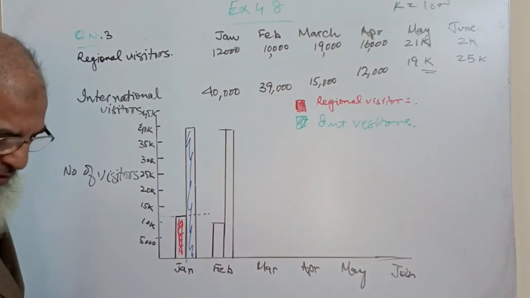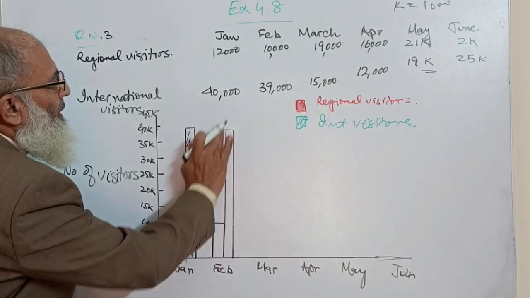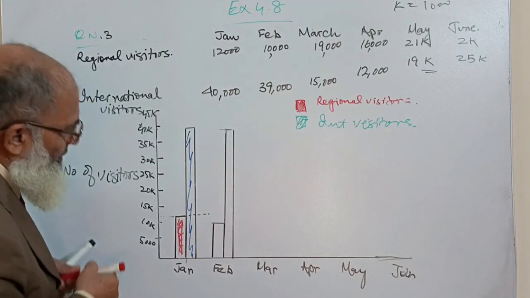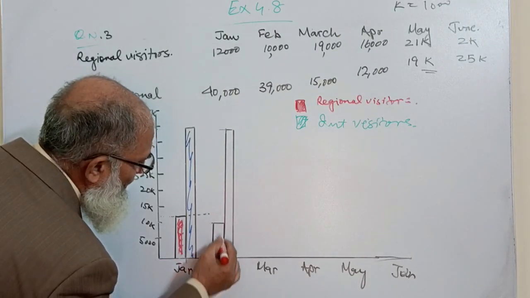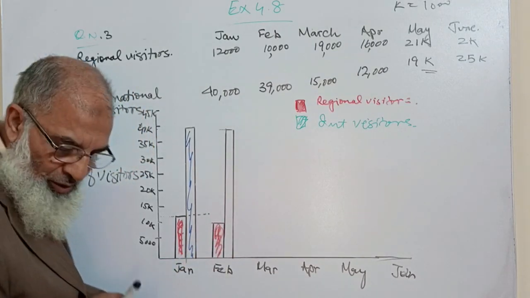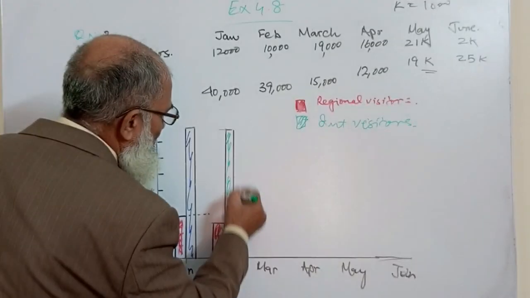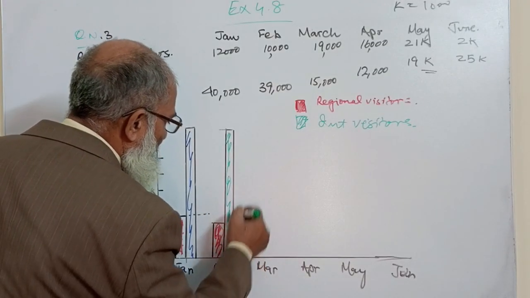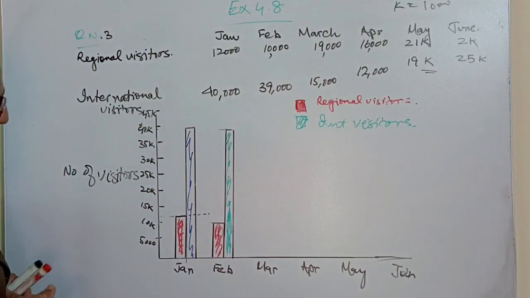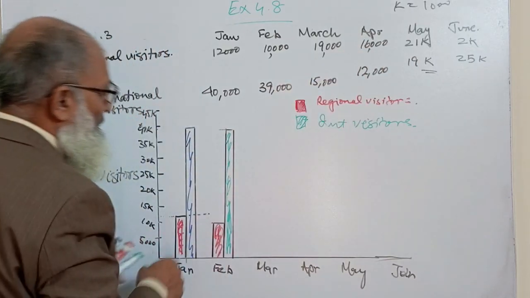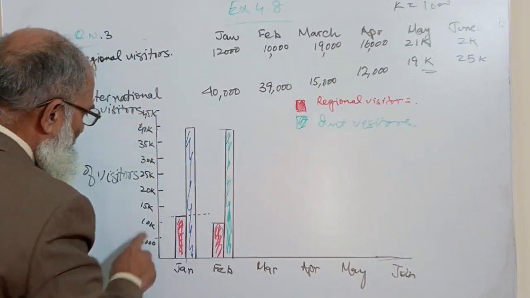So my dear students, you can see easily that we are making this data much more visible now and understandable in our pictures, in our diagrams, in our bar charts. Similarly, we'll keep on doing this. 19,000 in March.